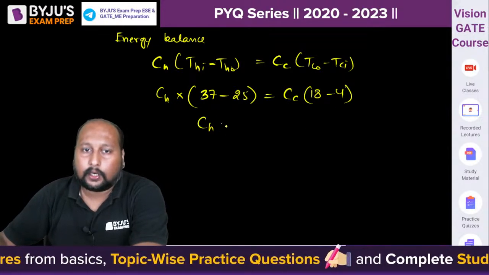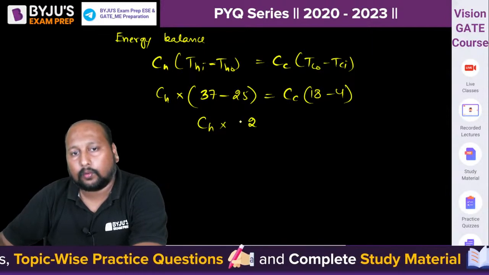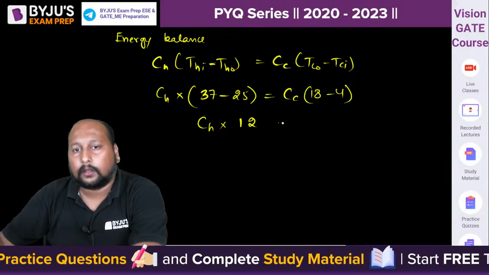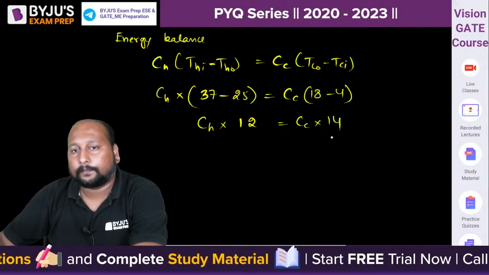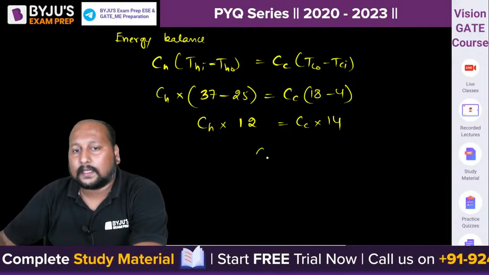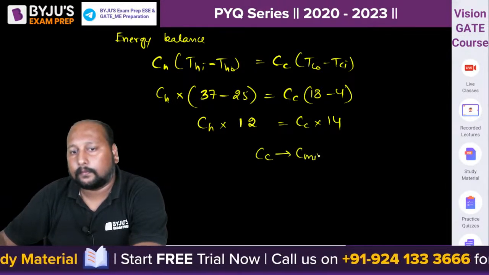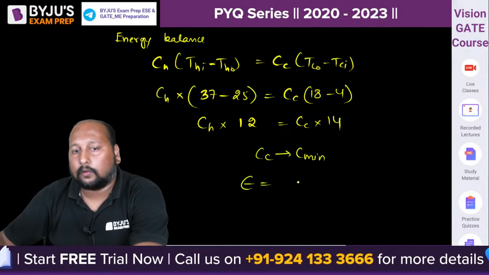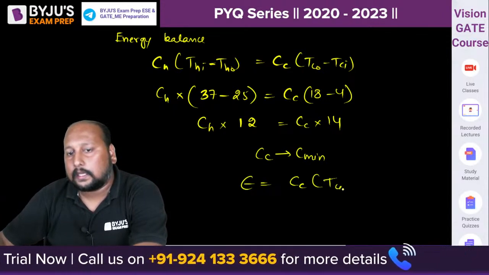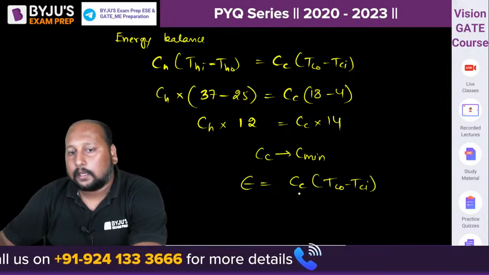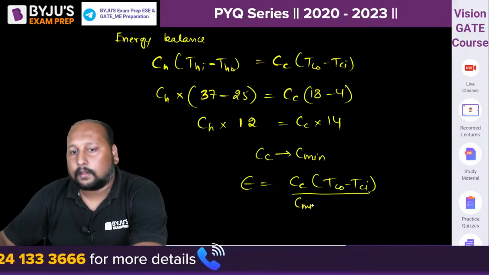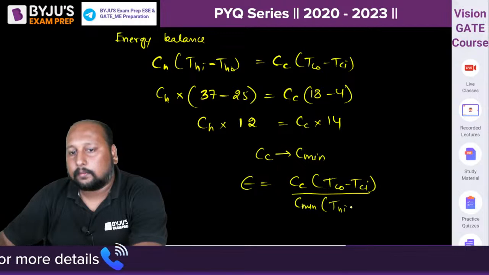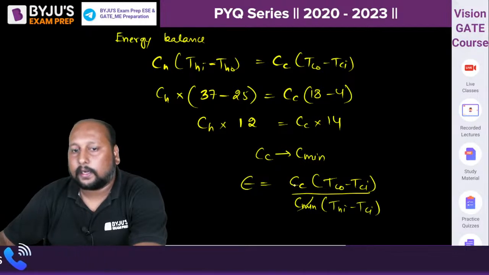So CH into 12 is CC into 14. Okay, so can we say CC is the C minimum? Right. So effectiveness is equal to CC into TCO minus TCI divided by C minimum into THI minus TCI. Right, this gets cancelled out.